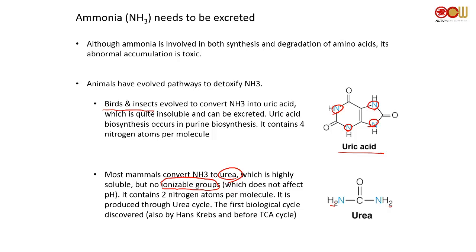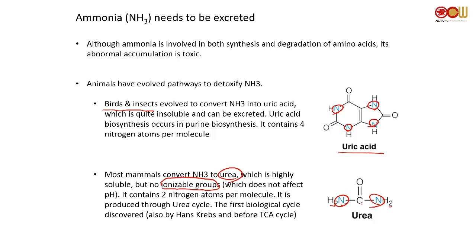Now, urea, it contains 2 nitrogen per molecule, okay, and it is produced through the pathway called urea cycle. Okay, now, urea cycle turns out to be the first biological cycle discovered. Okay, so even though when we talk about biochemistry, when we talk about metabolism, we usually talk about TCA cycle first as the biological cycle.